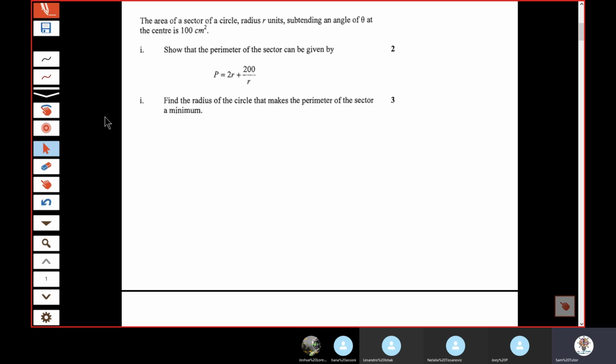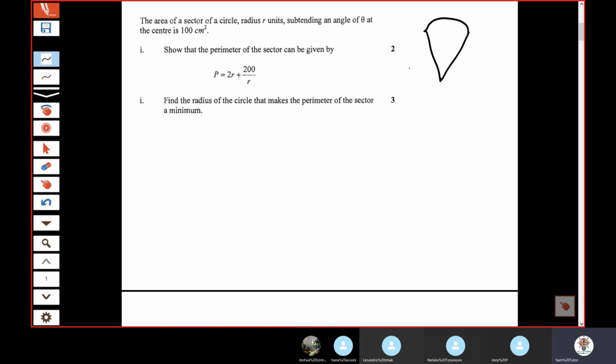I'll start with part I. The area of a sector of a circle subtending an angle of theta at the center is 100 centimeters squared. That means I would have had this. Correct? And then which formula for a sector did you guys use? Just so we know we're on the same page.